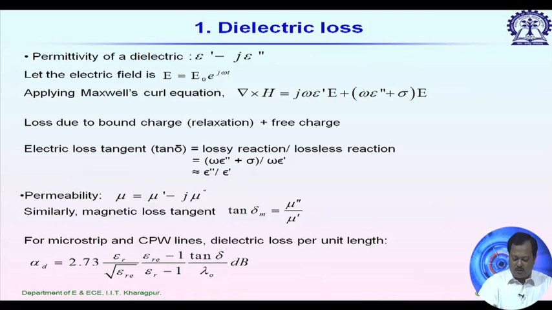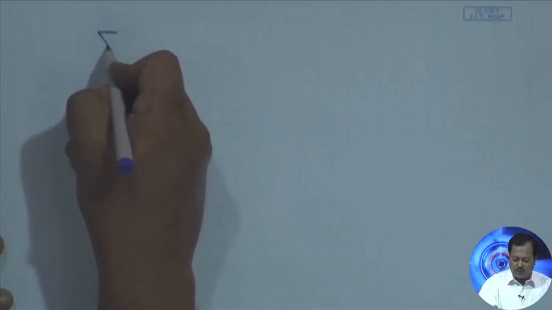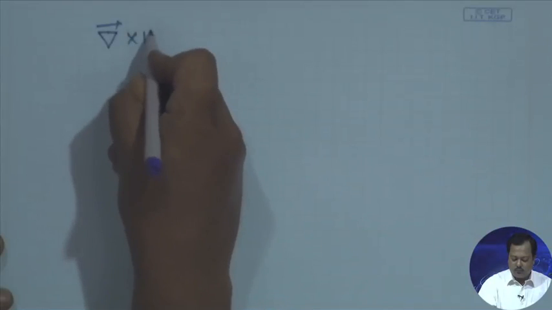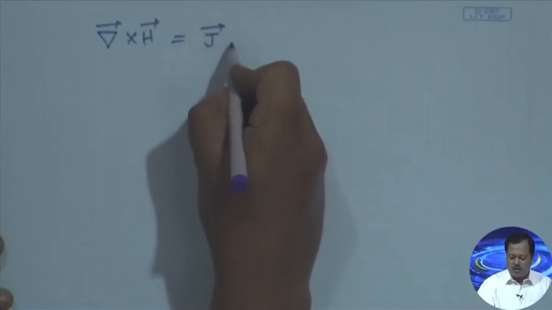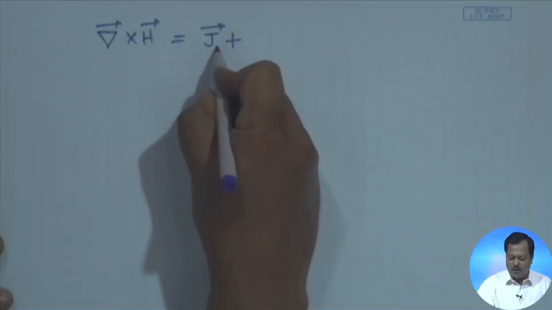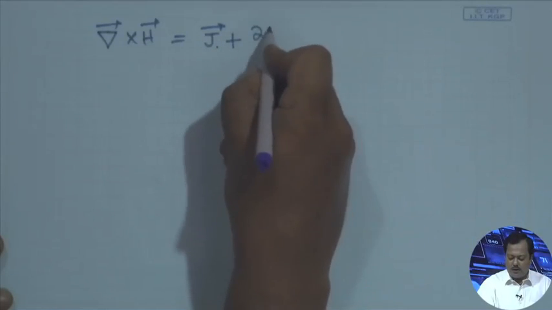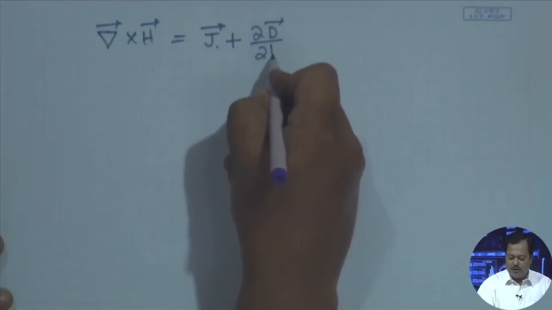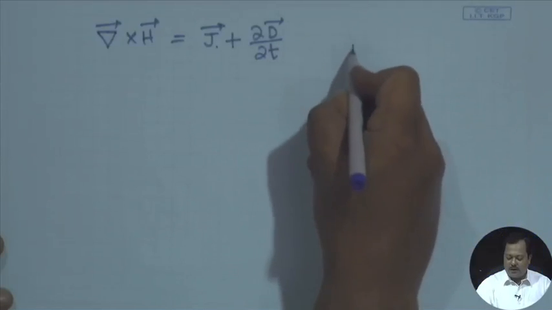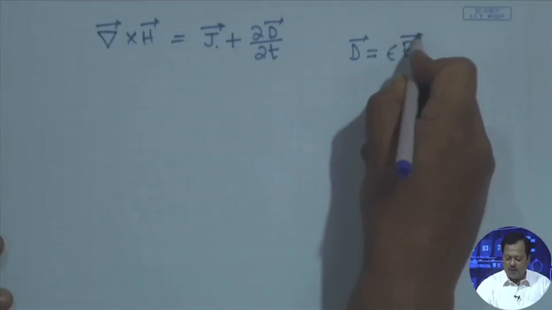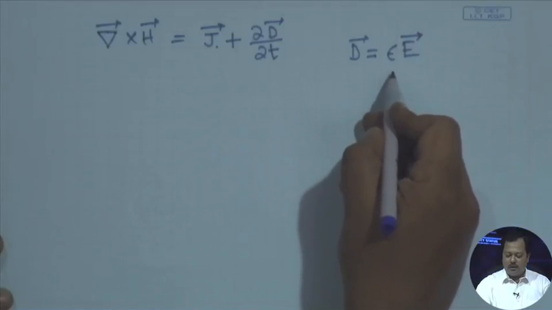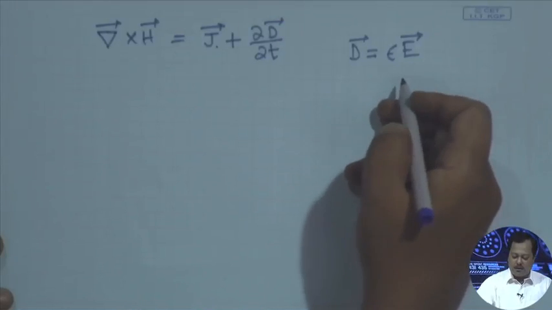So, curl H is equal to the conduction current component Jc plus del D by del t, where D is the displacement vector, which is equal to epsilon E. Here epsilon is a complex quantity, given by epsilon dashed minus j epsilon double dashed.